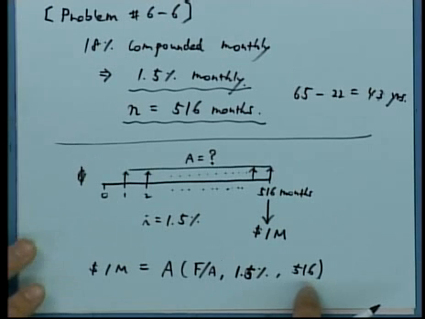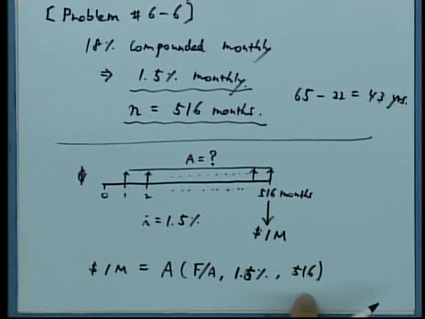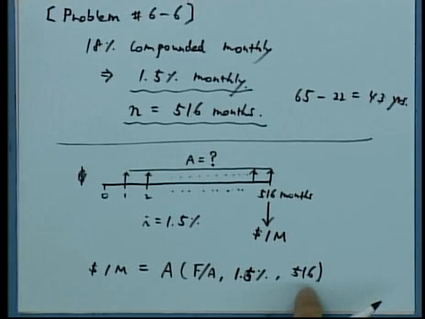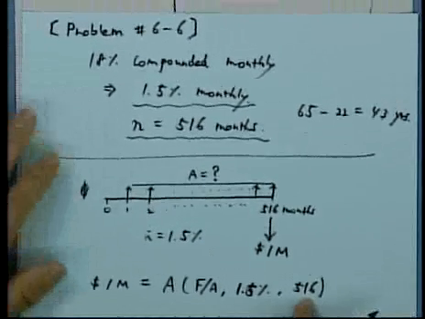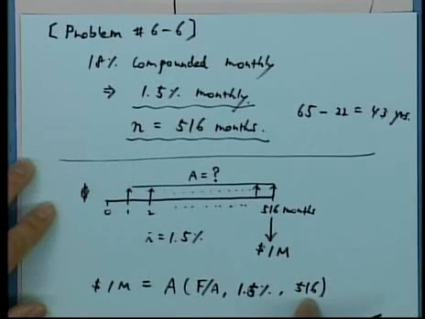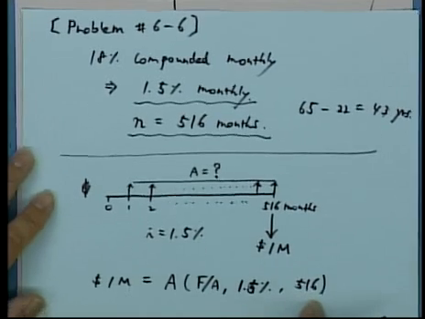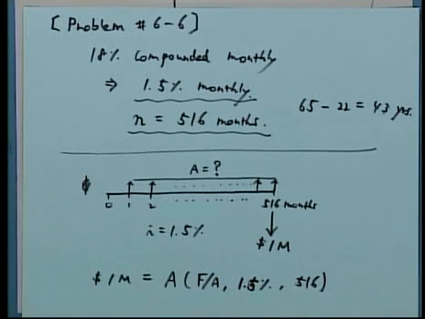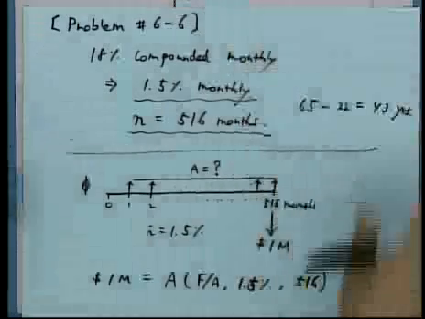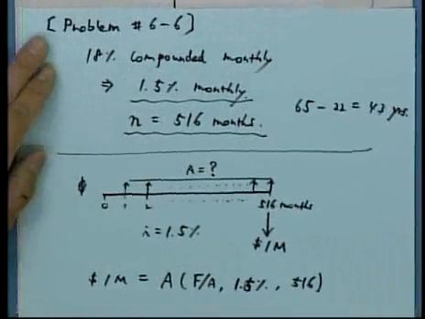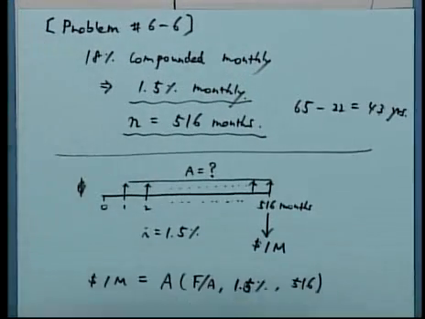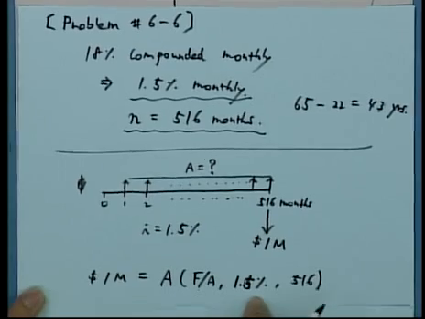But unfortunately, the 1.5% interest table of our text, page number 600, does not contain n equals 516. Okay? But this problem 6-6 must be segmented to use the 1.5% table. Okay?